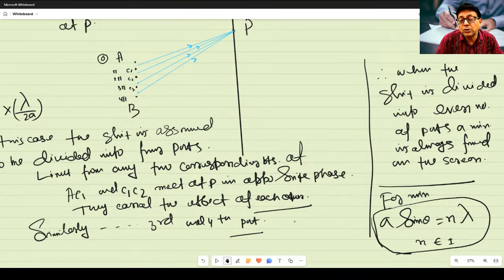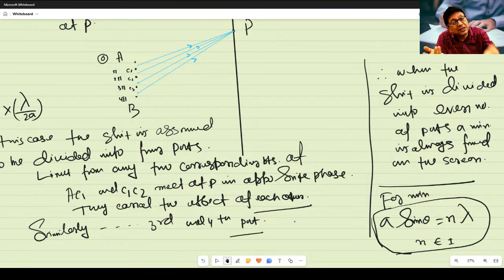Now let us see. So this way it was established by the scientists at that time. Fraunhofer's explanation I am telling you. He initially assumed that a sin theta equal to n lambda, then explained all the steps. What we are doing, we are studying the same thing but proving it step by step.